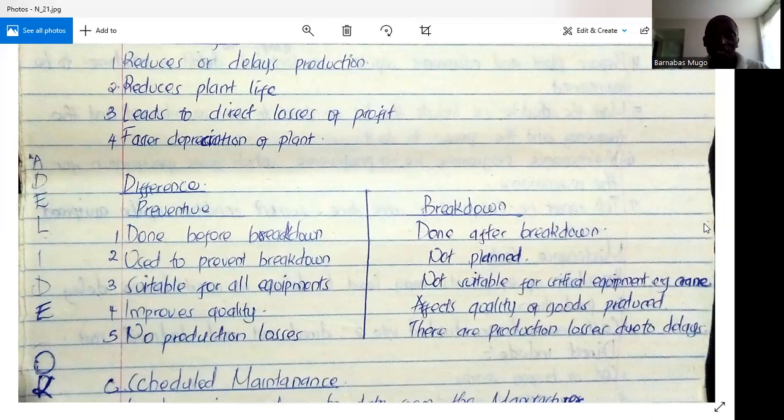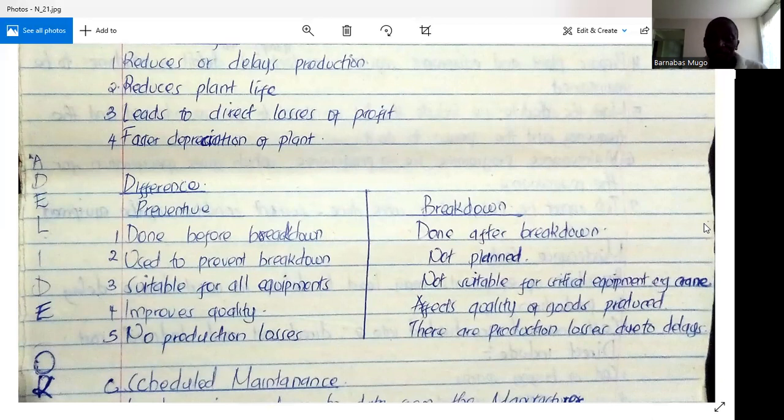Preventive maintenance is suitable for all equipment, but breakdown maintenance is not suitable for critical equipment like the crane. We cannot do breakdown maintenance in terms of the crane. Then in preventive maintenance, we improve the quality, while breakdown maintenance affects the quality of goods that are being produced.